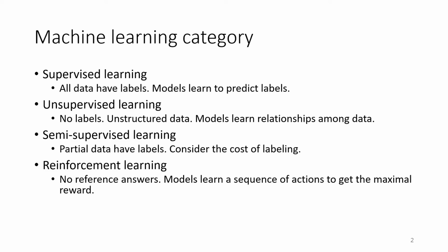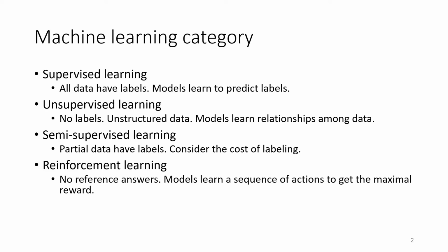Basically, there are several categories of machine learning, and from their names we can see that they can be applied to different problems. Supervised learning means all of our data has a label, and we want to learn a model or a function so that we can predict the label from our input data.